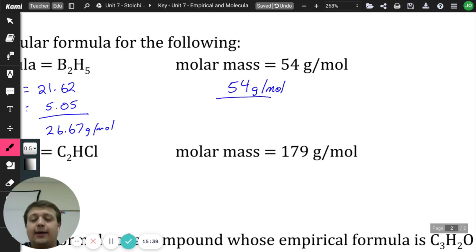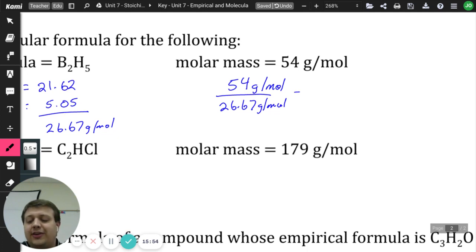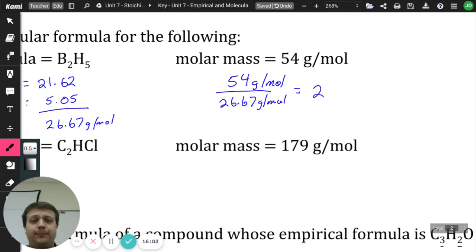So I'm going to divide that by the empirical formula molar mass, 26.67 grams per mole. Why would I do that? That's going to tell me how many of that empirical formula are actually in the molecular formula. I plug that into my calculator, and I get something like 1.99999, which is basically 2.